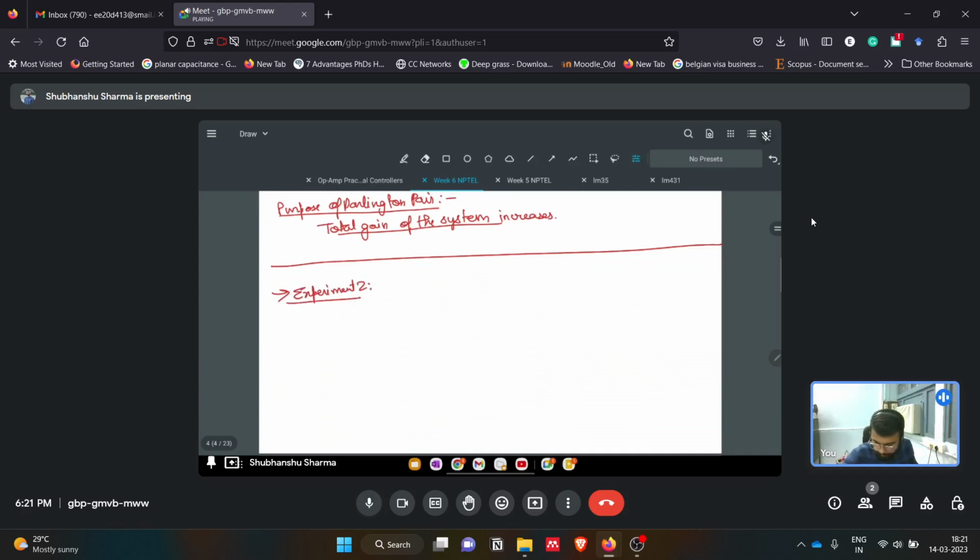Here we are going to design and build a temperature controller circuit using an opamp as an on-off controller and proportional controller.